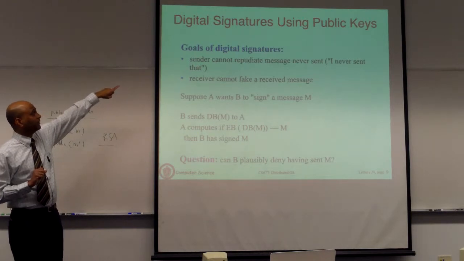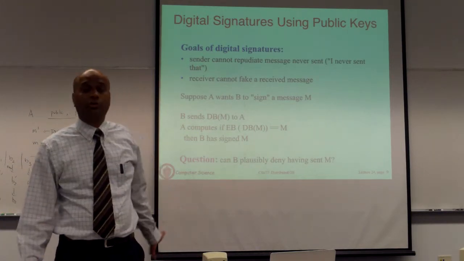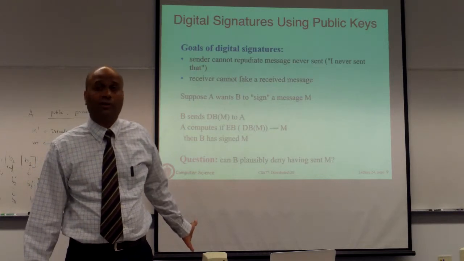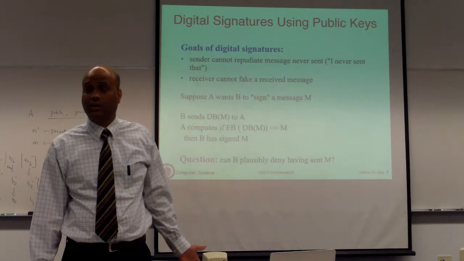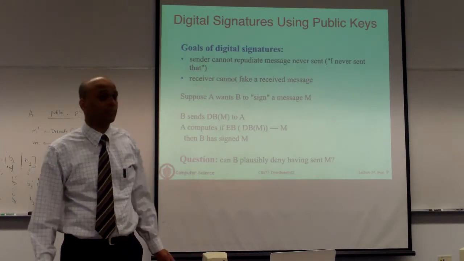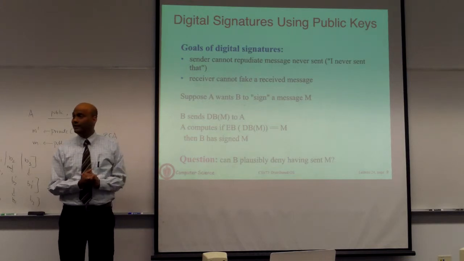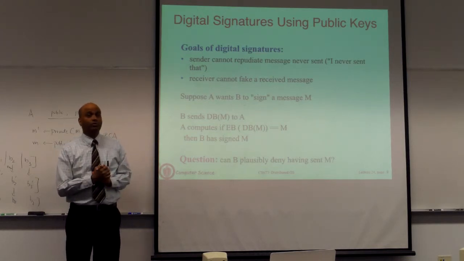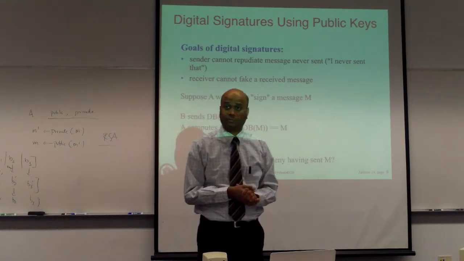Repudiation, which says you cannot claim you did not sign it if you actually signed it, is covered because the document is encrypted with your private key, so you can't claim you didn't sign it. So this is the simplest form of a digital signature. You can simply use public key cryptography and encrypt any document, and that's equivalent to you having signed it.